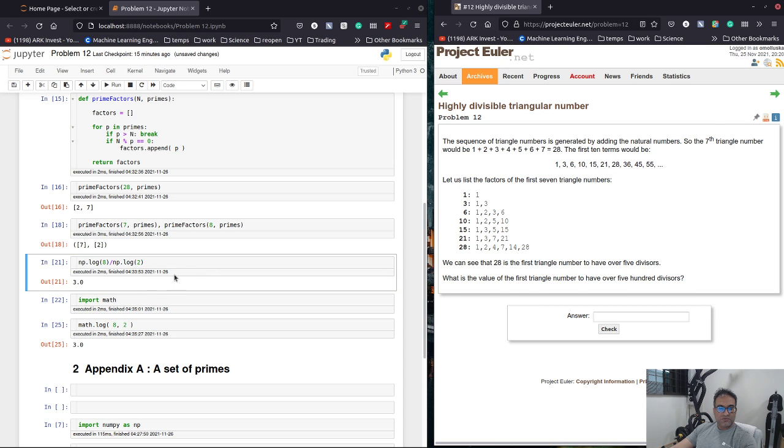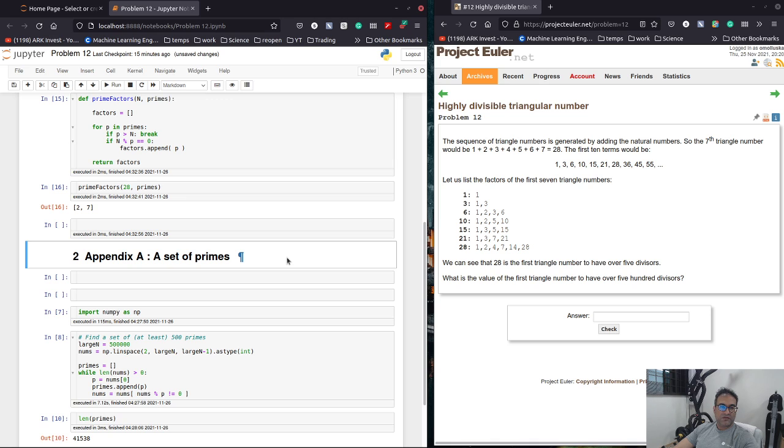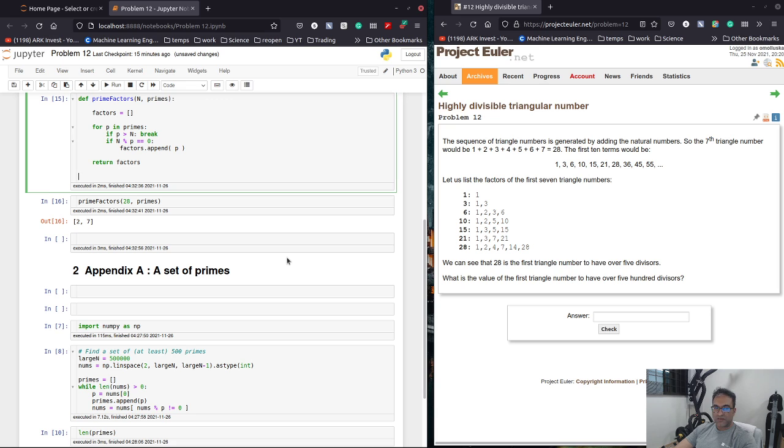We want to find the prime factors, and we also want to find exponents.